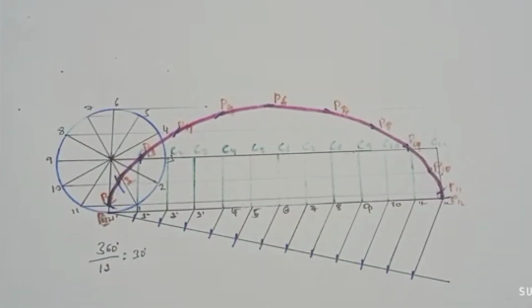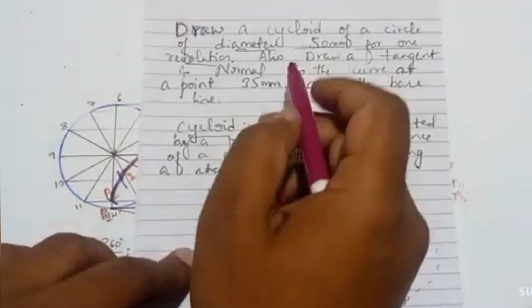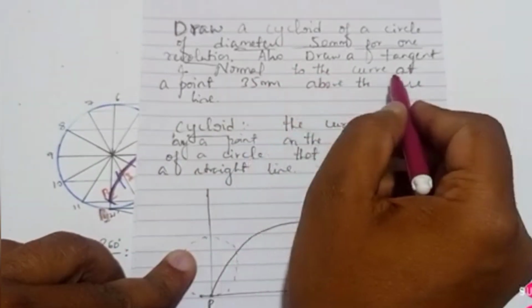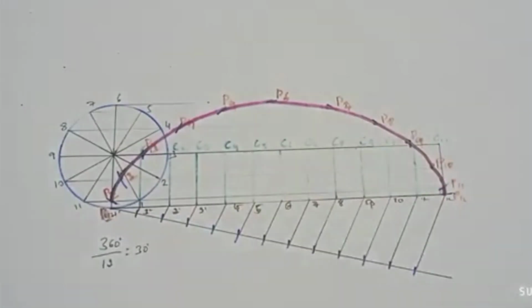Now we have to draw the tangent and the normal. In the question it is given: also draw the tangent and normal to the curve at a point 35 mm above the baseline. So we have to construct a 35 mm line.